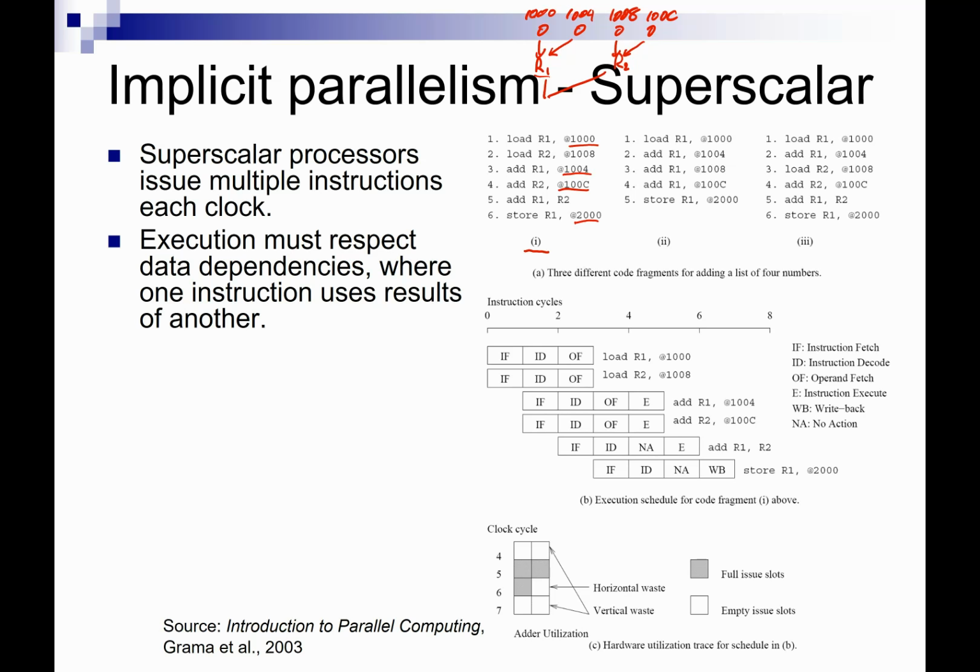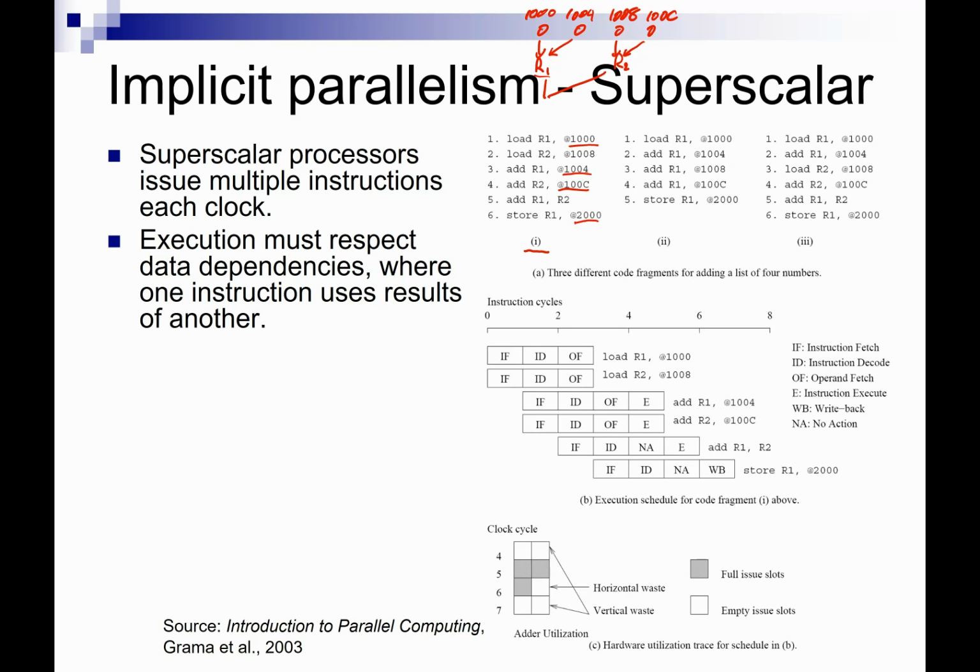Now, when you execute code in a superscalar processor, the execution has to respect the data dependencies. Data dependency just means that if you have one instruction that uses the results from a previous instruction, then you have to execute the previous instruction first before you execute the other instruction.